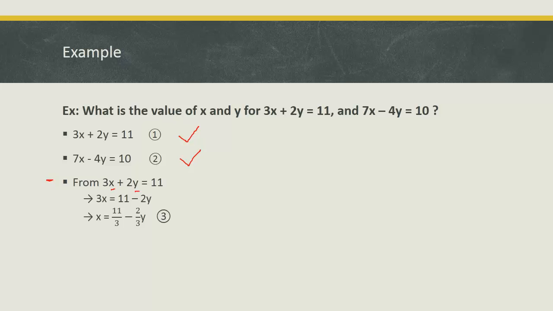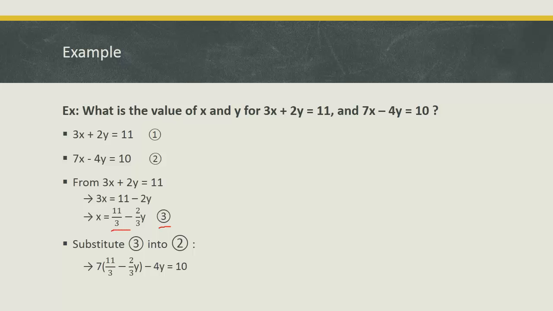If you move 2y to the right hand side and then divide by 3, we should get x equals 11 over 3 minus 2 over 3 times y. We now have the equation of x in terms of y, so let's call it equation number 3. Now substitute equation number 3 into equation number 2.